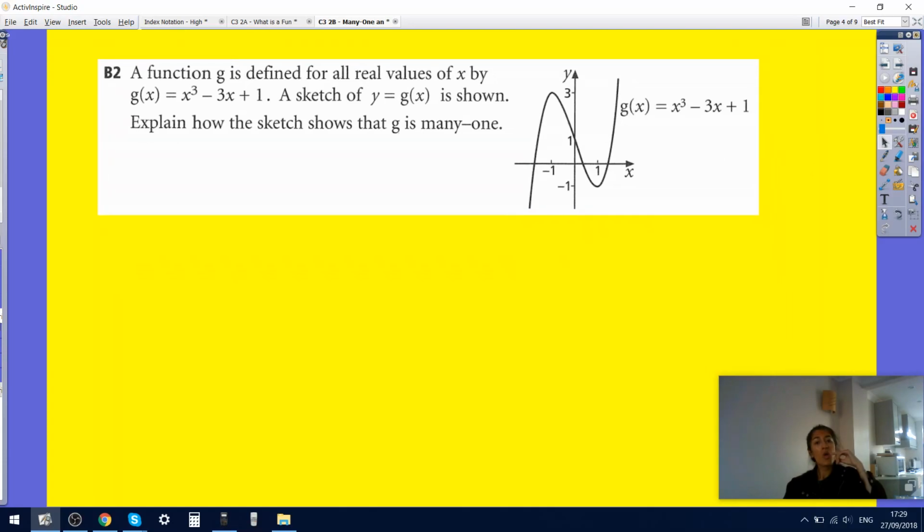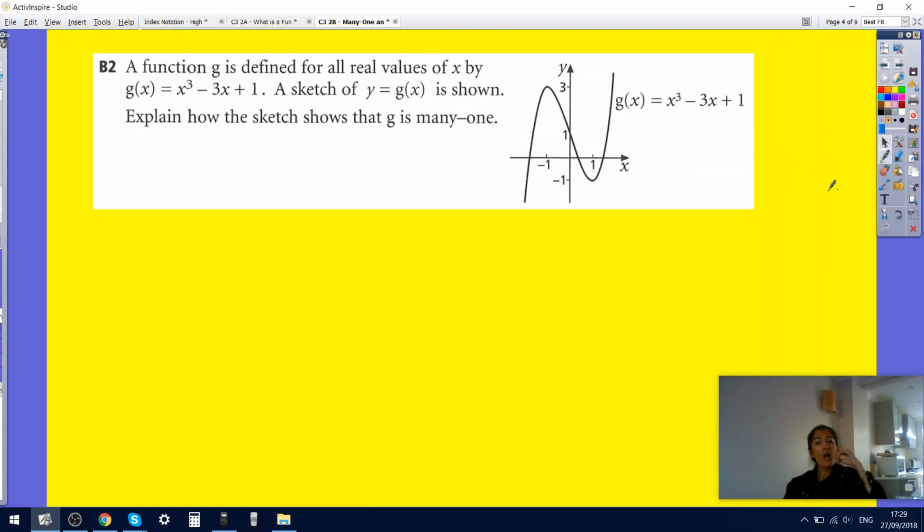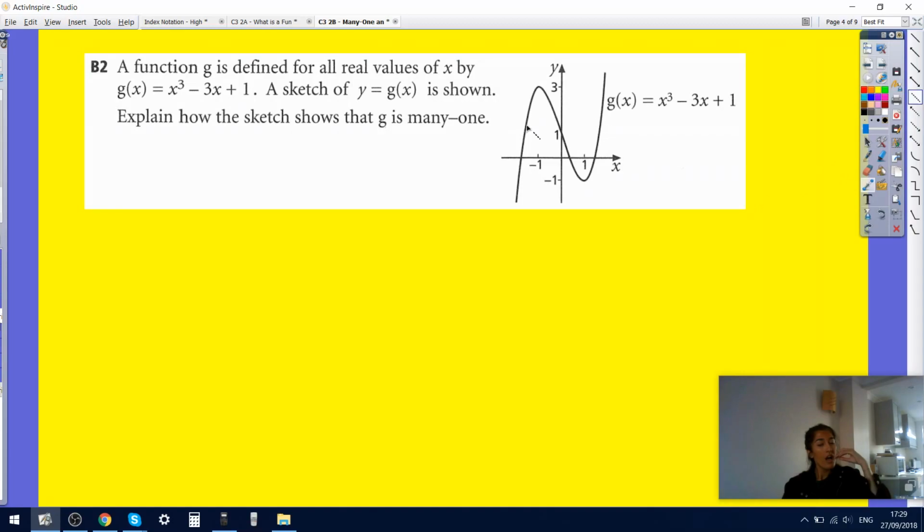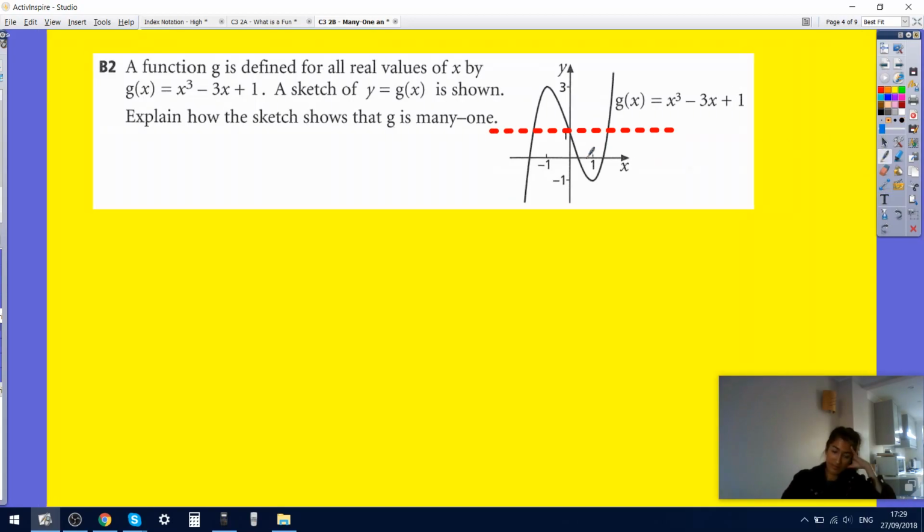Why is this a many-to-one function? Because there are different inputs that give the same output. Yes. So let's say this here. Now different inputs give the same output, so give me an example.